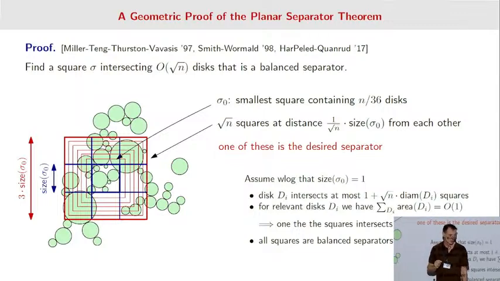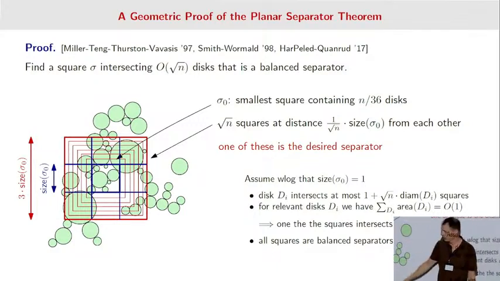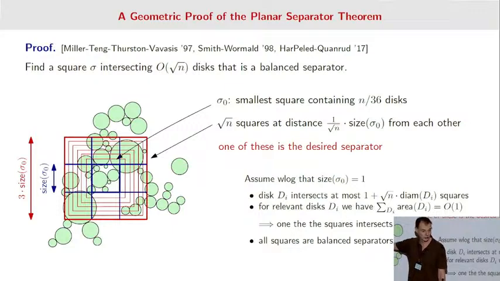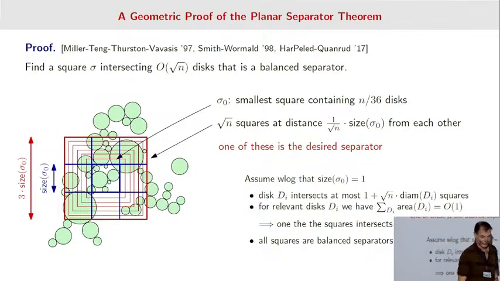Why? Okay, and now I'm lying a little bit. If I partition this big square into 9 smaller squares, since this was the smallest square containing n over 36 things, none of these others contains that many disks, so you're done.